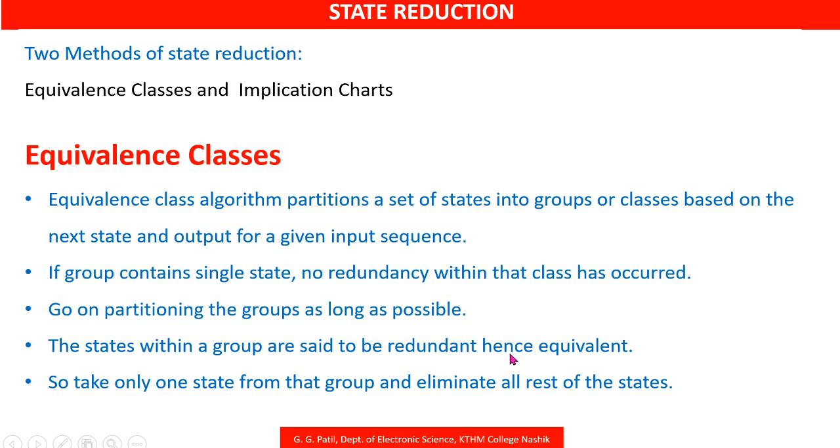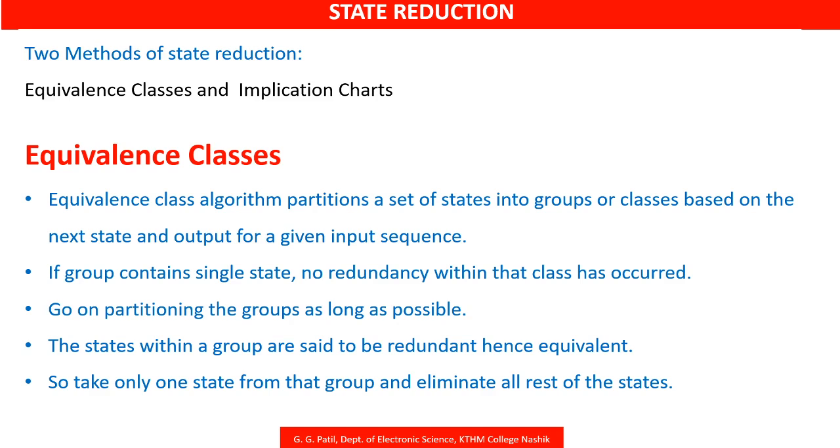Or if it contains more than two states, maybe 3 or 4, then instead of using all of them, we represent that group with a single state. So take only one state from that group and eliminate all the rest. That is the equivalence classes method.